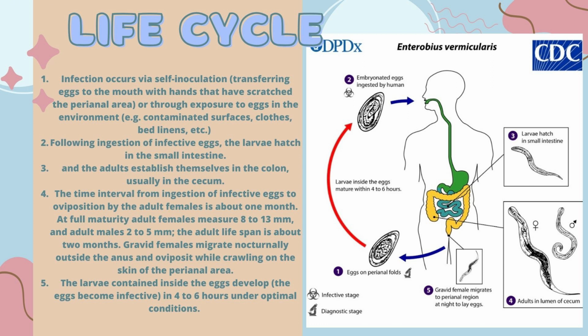The adult lifespan is about 2 months, while gravid females migrate nocturnally outside the anus and oviposit while crawling on the skin of the perineal area. The larvae contained inside the eggs develop. The eggs become infective in 4 to 6 hours under optimal conditions.